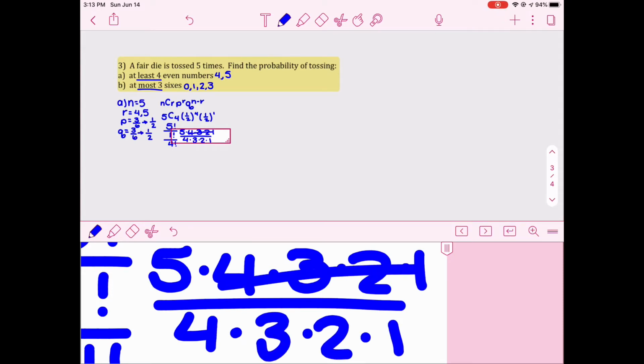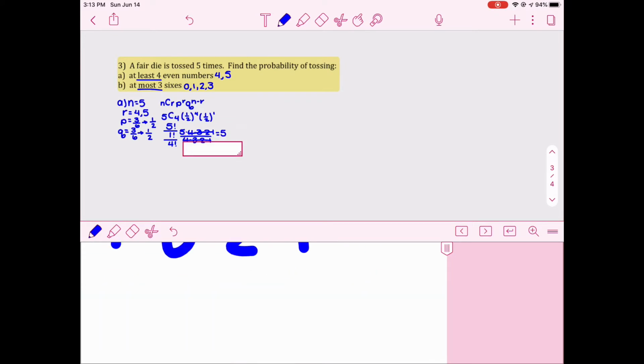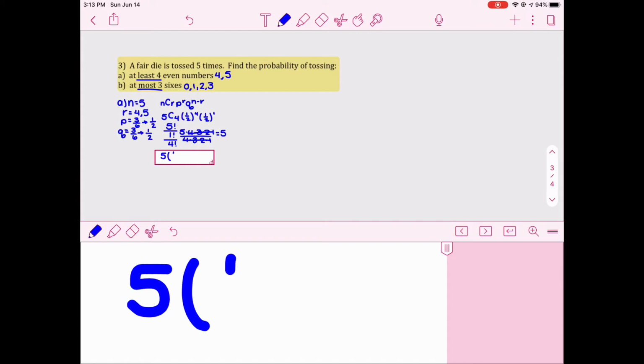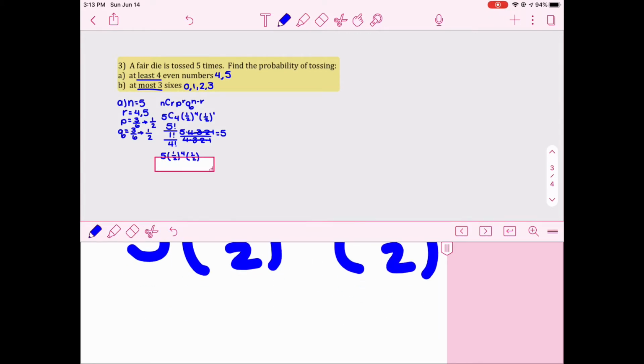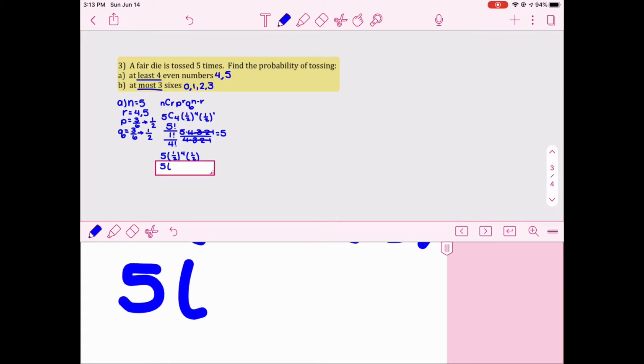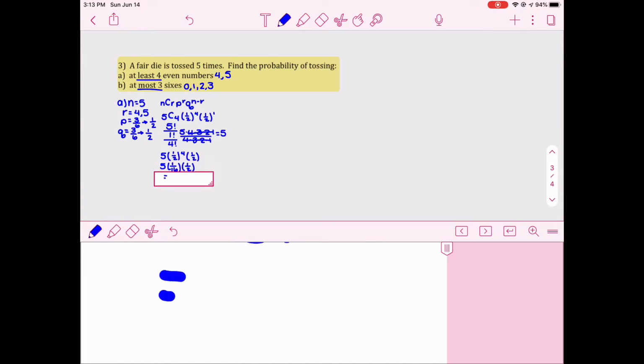So 4, 3, 2, 1 will simplify on each, so you're just left with 5. So 5 times 1/2 to the 4th, and 1/2 to the 1 is just 1/2. So I have 5 times 1 over 16 times 1/2. Multiply that together, you get 5 over 32.